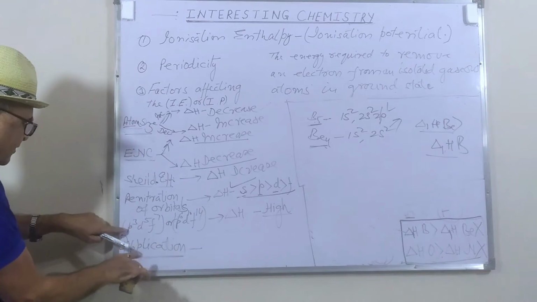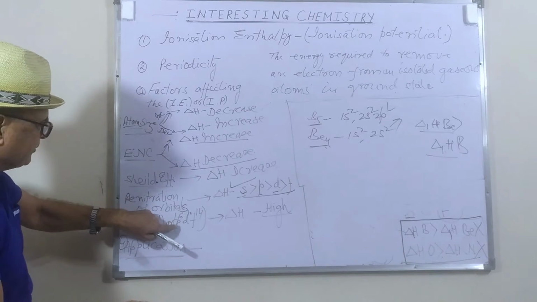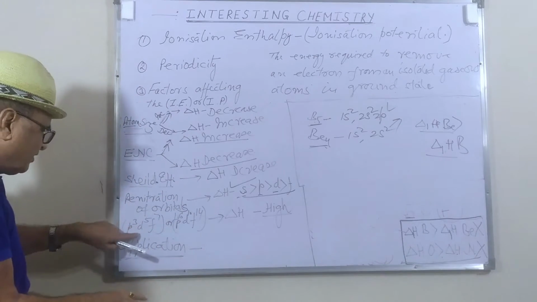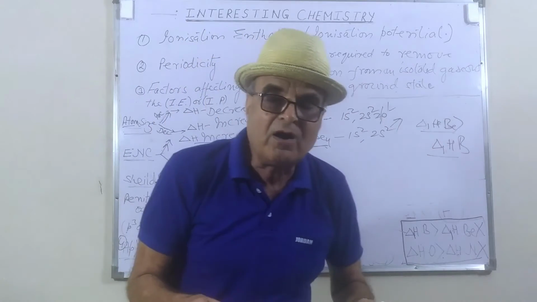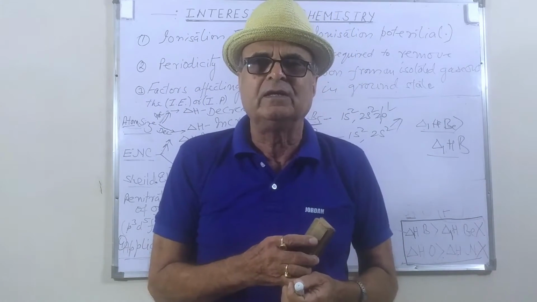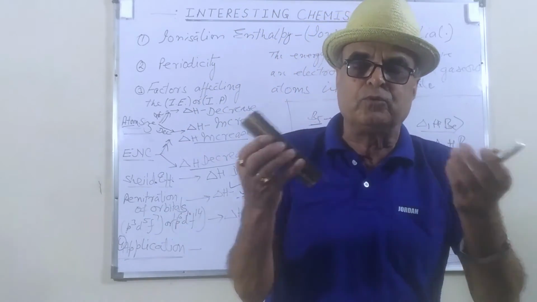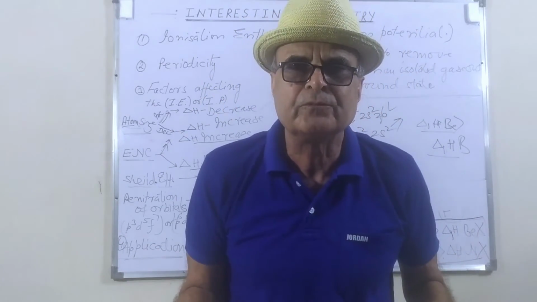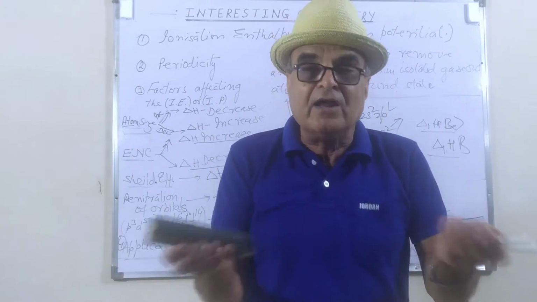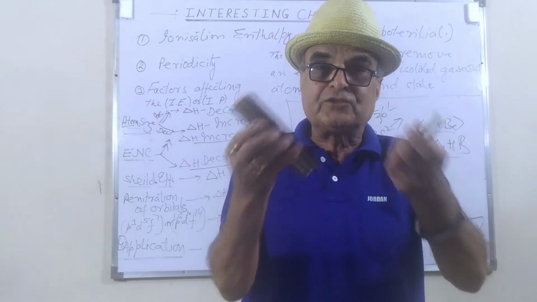is the fourth one: p3, d5, f7, p6, d10 and f14. What do you mean by this? These are the half-filled and full-filled orbitals. So the stability of the half-filled and full-filled orbitals is more than any other unfilled orbitals.